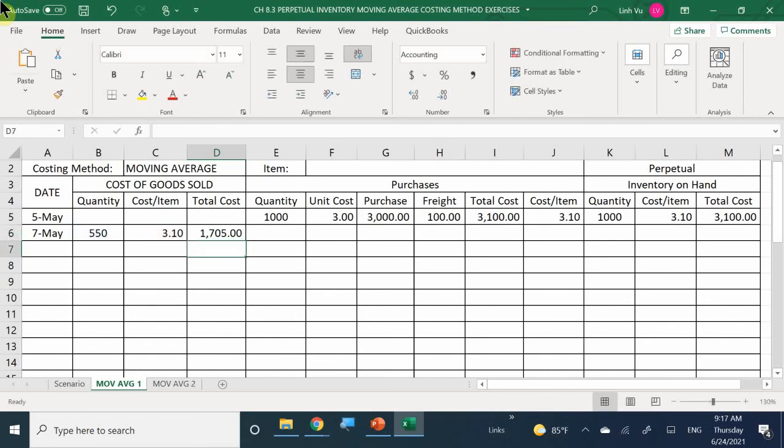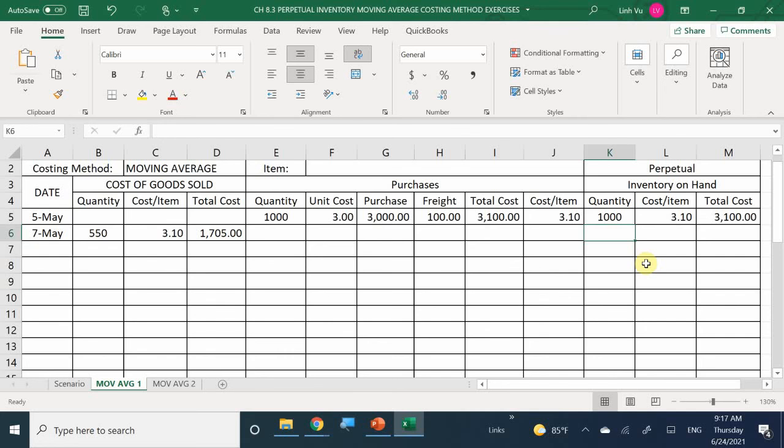$1,705, right? So good. Now, if you choose to show your work in the middle, that's fine. But because I'm going to show you this way, it makes it easier and it also helps you keep track of your inventory as well. So instead of making my calculation or updating my inventory right here, I'm going to follow this line through and update my inventory in this very line by simply doing a calculation.